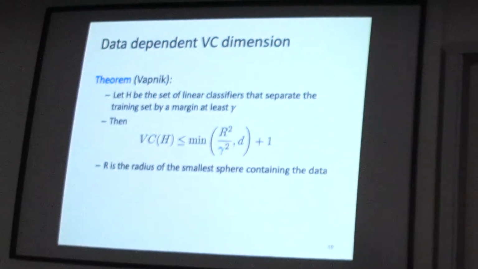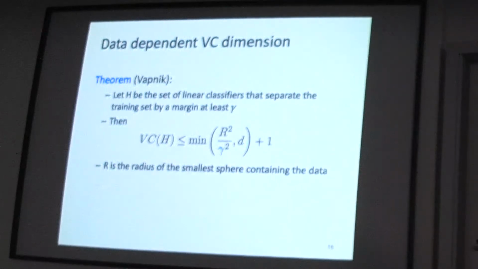So H consists of all the linear classifiers whose margin is at least gamma. Then the VC dimension of H is upper bounded by the minimum of R squared over gamma squared, and D plus 1.